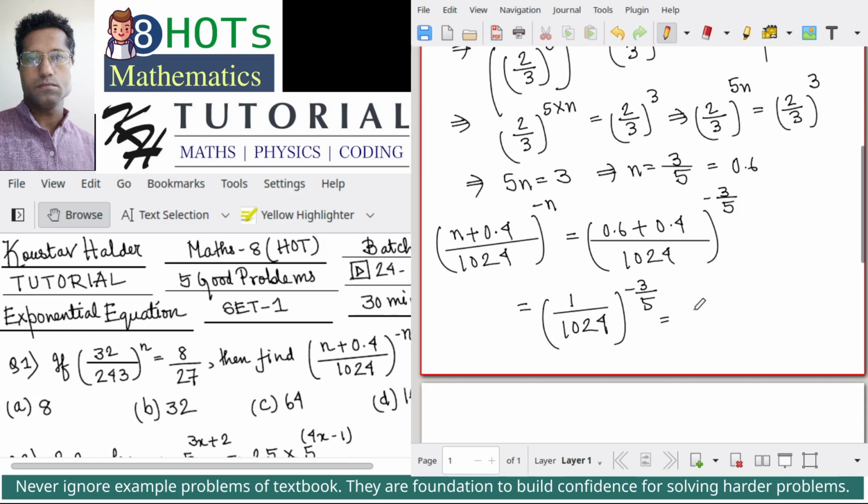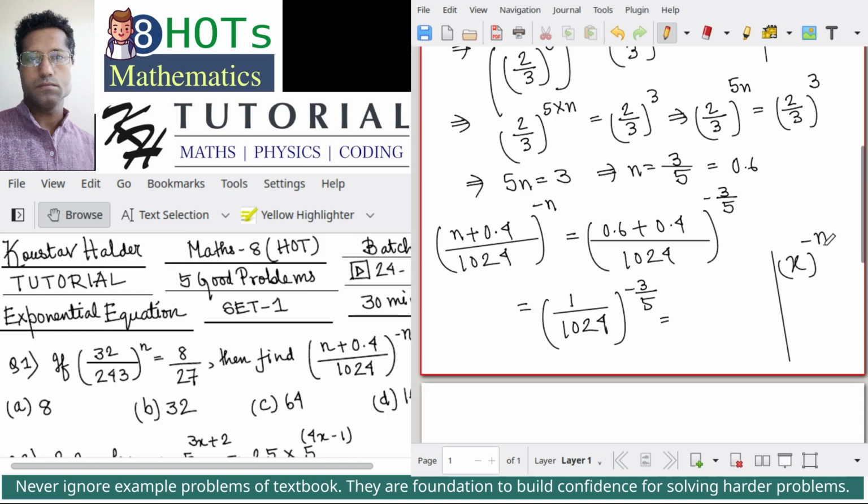Now, if the power is negative, let's say we have an exponential term x to the power minus n, where n can be an integer or a rational number.